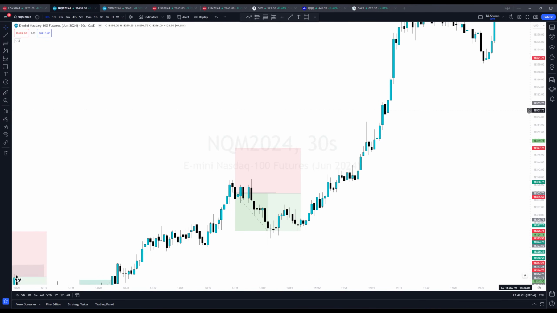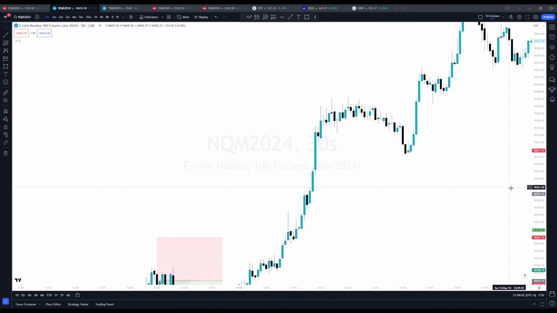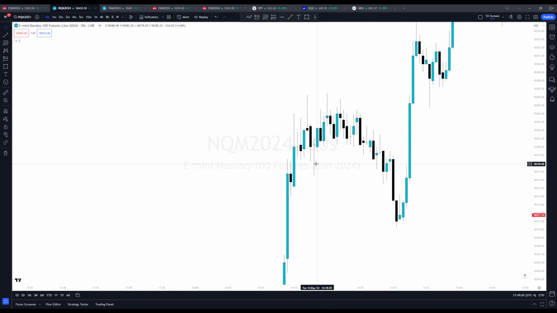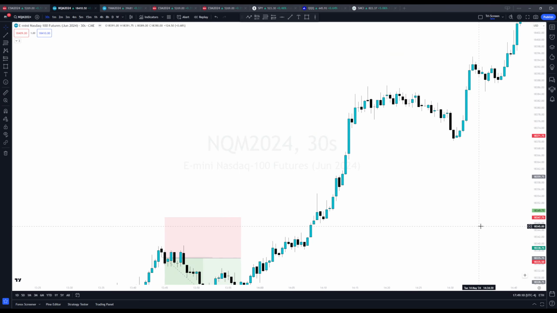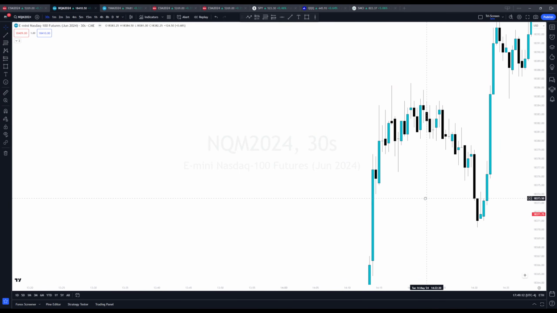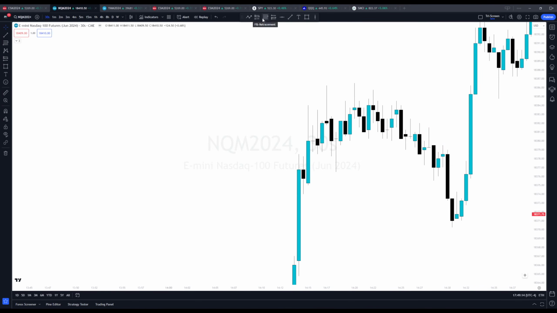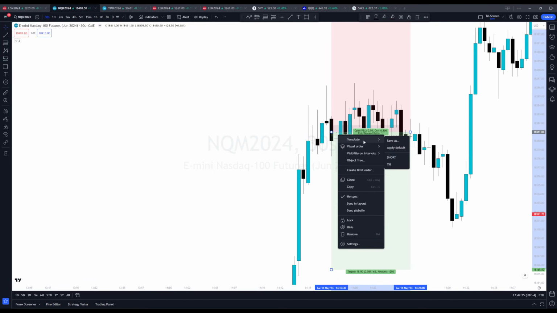So let's look here. Now we're at this point. We're looking for a short, right? We've gone all this way up. You could even argue that you wouldn't take this short unless you had a reason to be bearish. But for purposes, I'm going to count it because we take all these highs, we get a 30-second FVG. We're going to look for 10 points.